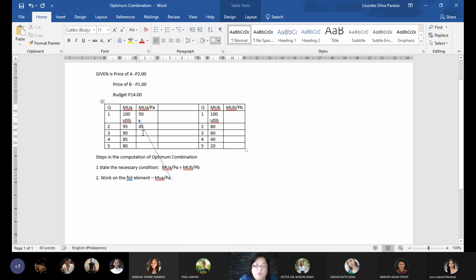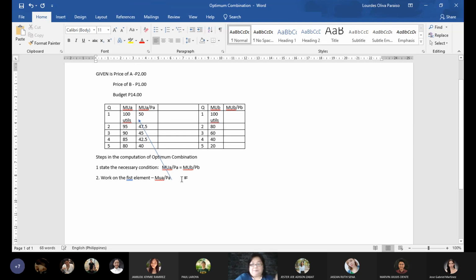And 90 divided by 2 is 45. And then 85 divided by 2 is 42.5. And you have your 40 here. Got that right? So you're now through with your marginal utility of A over price of A.